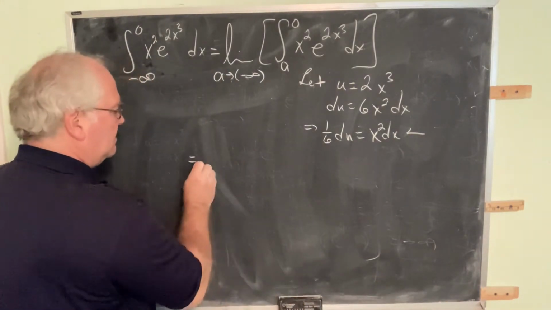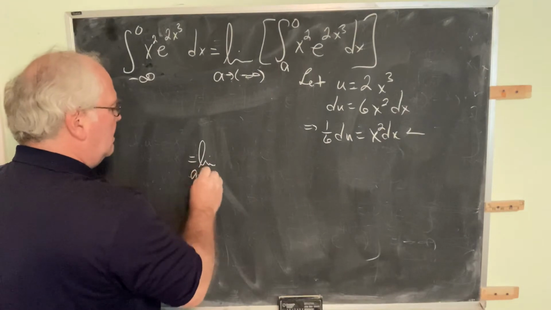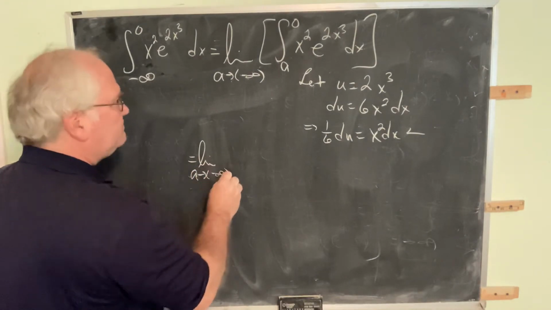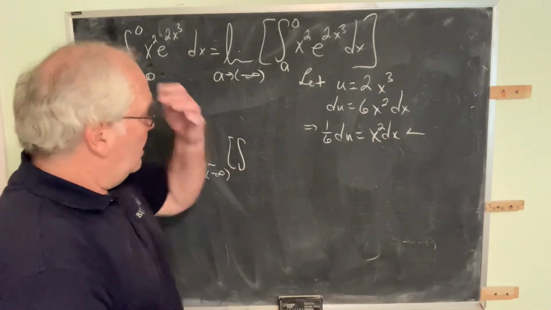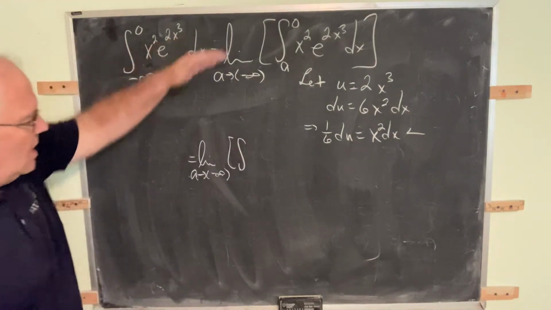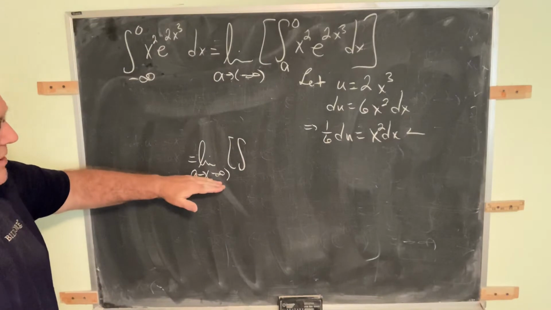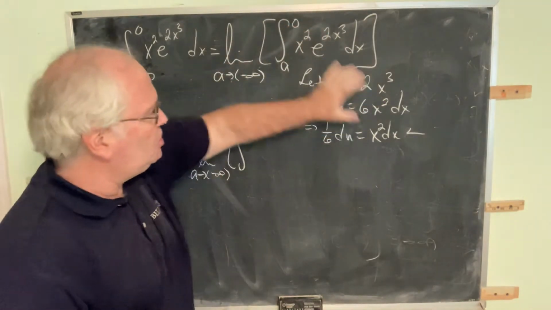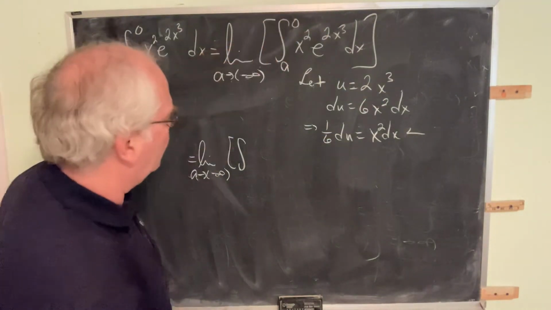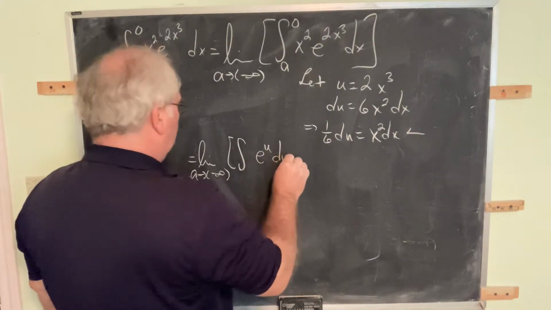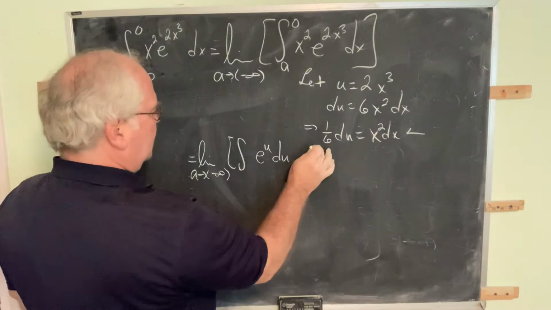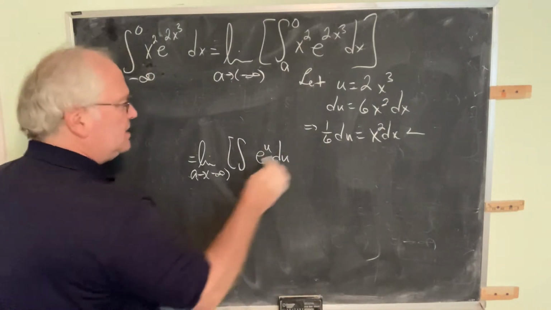So now we can write this as the limit as a goes to negative infinity. The limit ultimately is in terms of the variable a, but we've done a substitution, which means these limits are no longer accurate. I write this as e to the u du, and I need my 1/6 here. Now, let's worry about the 1/6.